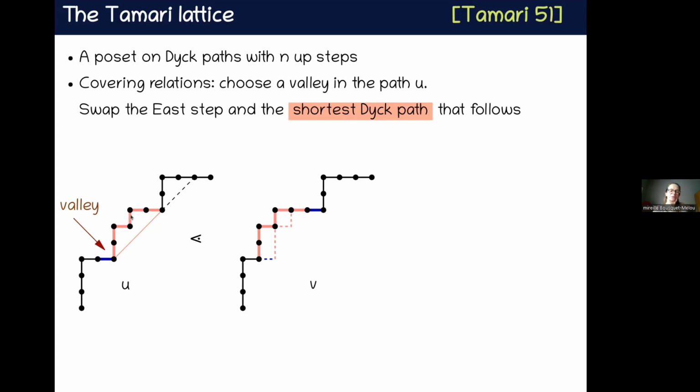So this is the pink one here. If I add this, I get another Dyck path, but it's not the shortest one. So I take this one, and in the covering relation, I swap this blue east step with this pink factor. So the pink path moves one step to the left, and in particular, I think it's quite clear that this new path V lies above U in the Stanley lattice.